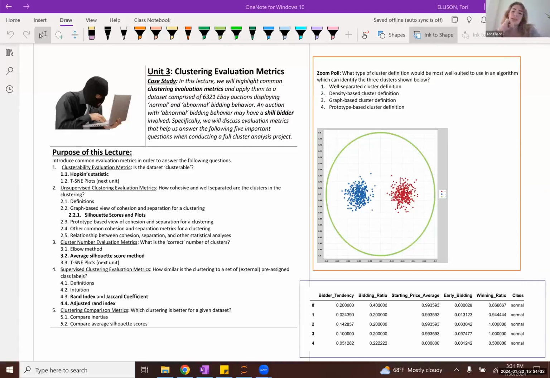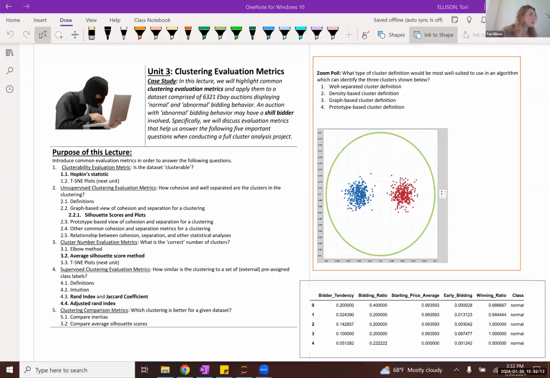And we'd like to determine which of the 4 cluster definitions that we discussed on Thursday is going to be the most suitable definition that we can incorporate into a clustering algorithm that's attempting to find clusters that are similar to each other, basically sets of observations that are similar to each other, put them in the same cluster, and then find clusters in which the observations in different clusters are what we would consider dissimilar to each other.